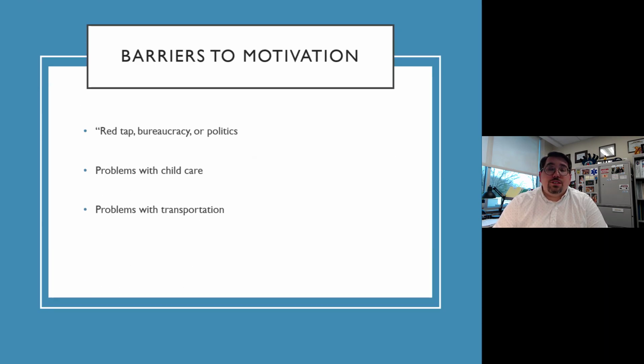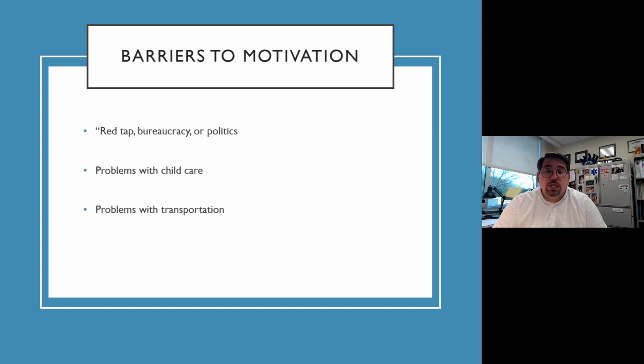Other areas you may see are red tape, bureaucracy, or policies, which oftentimes will get in the way. "We can't do that." Why? Because our policy doesn't say we can, and oftentimes we get stuck with that red tape. Another big one, especially nowadays, is childcare. We do not have access to routine childcare or even affordable childcare for folks who want to improve their education.